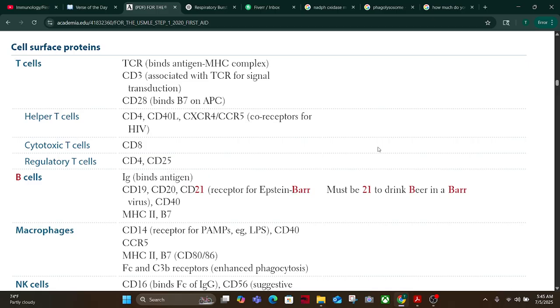FC portion of IgG binds FC receptor on the macrophage. C3b binds to C3b receptor on the macrophage for opsonization.